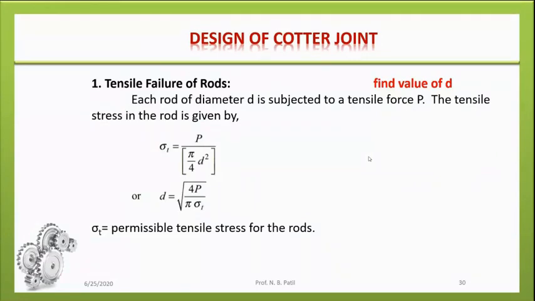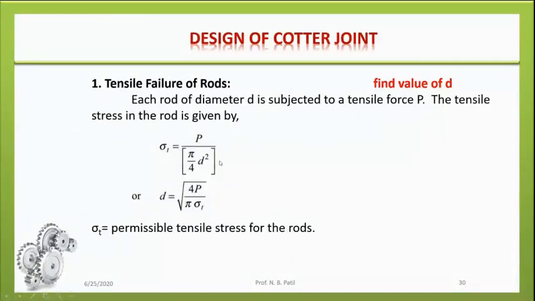Then the first point, tensile failure of rod. We discussed that earlier, but once again we start with the first point, tensile failure of rod. The rod of diameter D is subjected to tensile force. Now, from where do we get that sigma T in an actual problem? The ultimate tensile stress of the material used for the rod is given. You divide it by the factor of safety and you get sigma T, the permissible tensile stress for the rod.